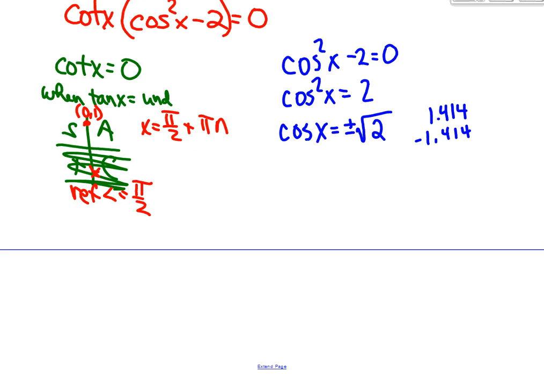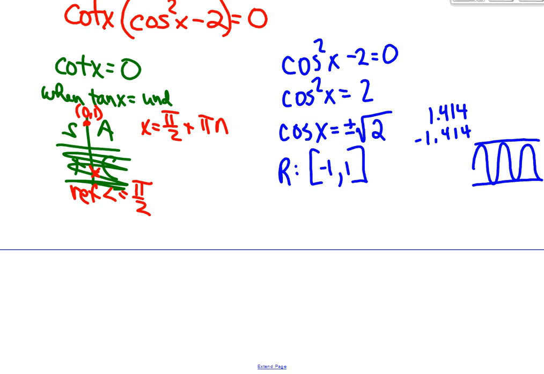Is that an issue at all? And that is an issue, because remember, we're trying to find the angle, but if cosine is going to be 1.414, the maximum and minimums are positive and negative 1. So our range for this is from negative 1 to 1, and so there is no solution for that situation in this equation.